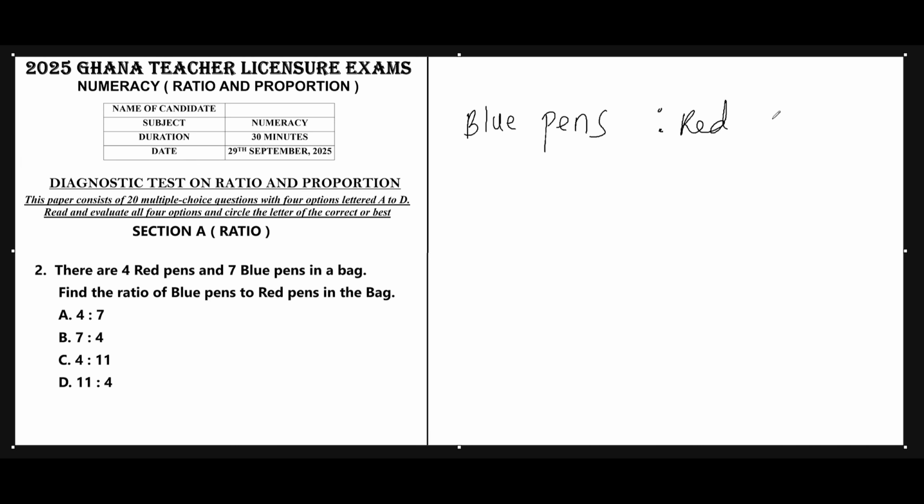So the order is very, very important. The ratio of blue pens to red pens. So blue pens first, then followed by red pens. Number of blue pens, we have 7. Number of red pens, we have 4. So we have 7:4. The right answer is option B.